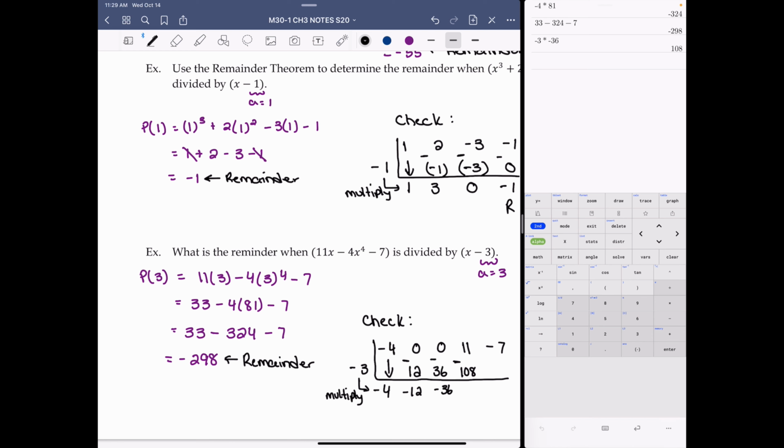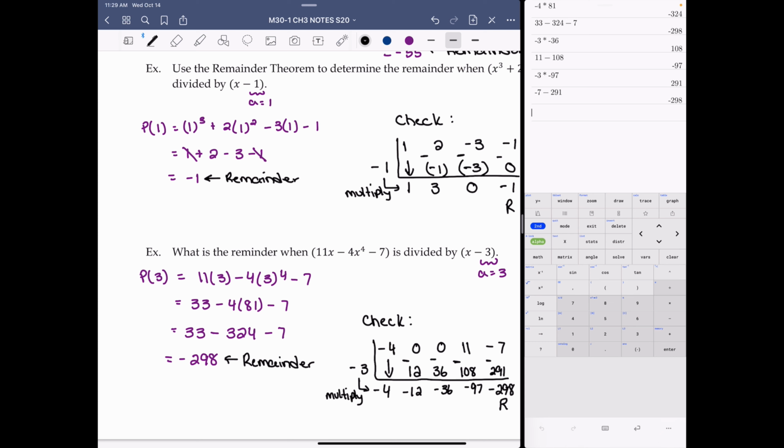Subtract 11 minus 108 gives us negative 97. And then negative 3 times negative 97 is 291. Subtract negative 7 minus 291 gives us negative 298, which is our remainder.